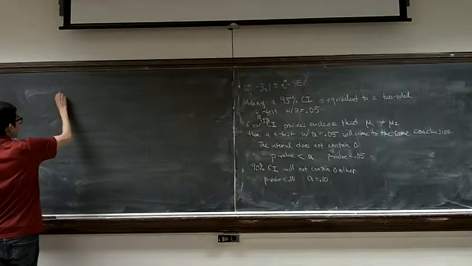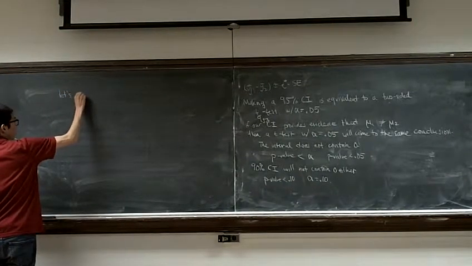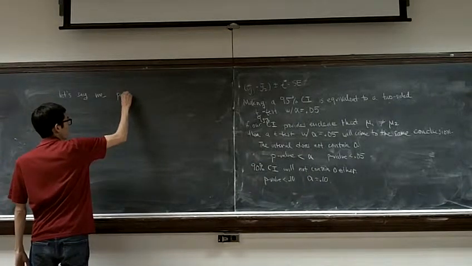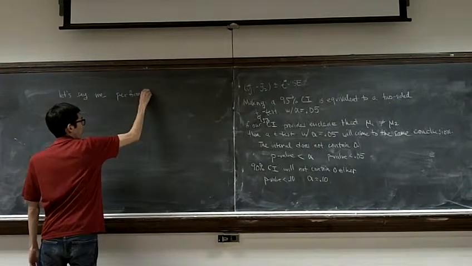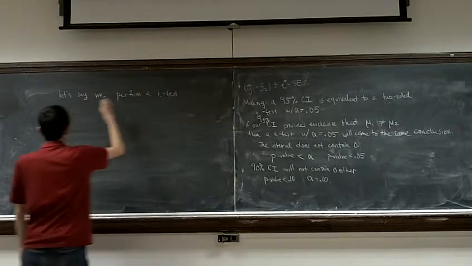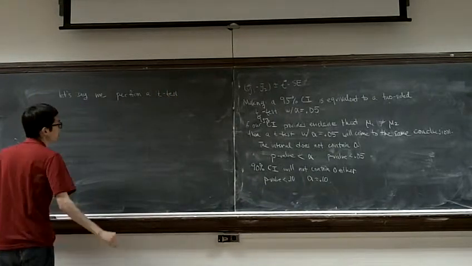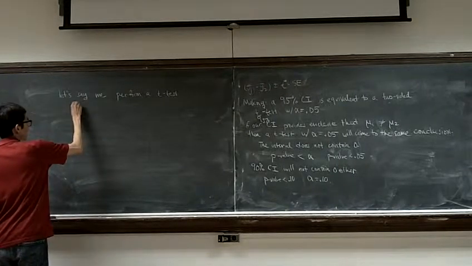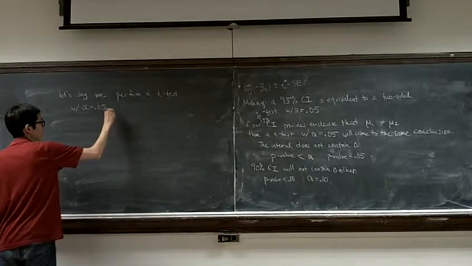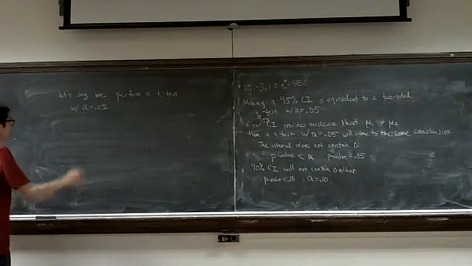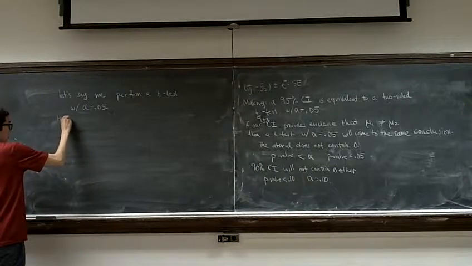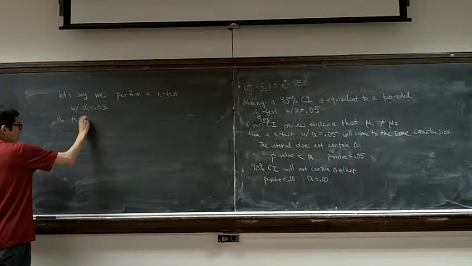Alright, so let's say we perform a t-test with alpha equal to 0.05. The null hypothesis is that mu1 equals mu2.